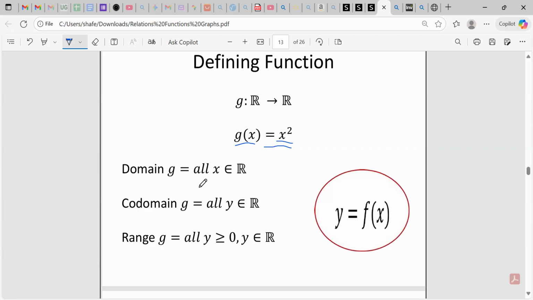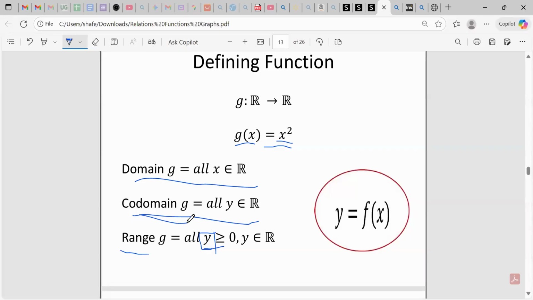In this case, again, your domain is all the real numbers. x can take on all the real numbers. The codomain happens to be all the real numbers. And in this case, the range, we're going to call the values of the range y, is y greater than or equal to 0. In this case, the range is not equal to the codomain.